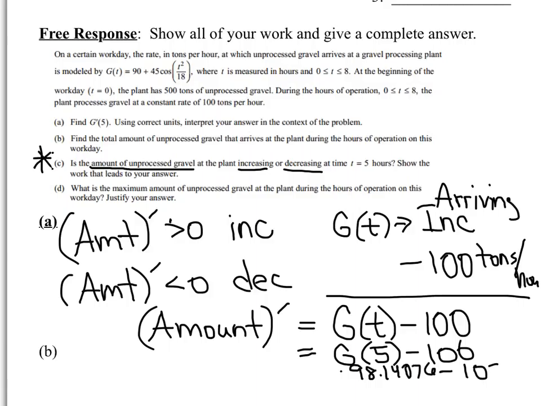And we can see that this value will be less than 0. So as a result, at time t equals 5, the rate at which unprocessed gravel is arriving is less than the rate at which it is being processed. Therefore, the amount of unprocessed gravel at the plant is decreasing at time t equals 5.